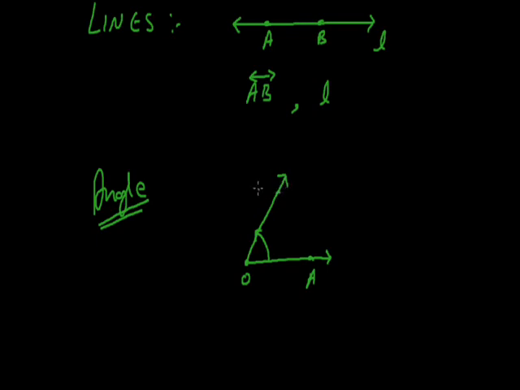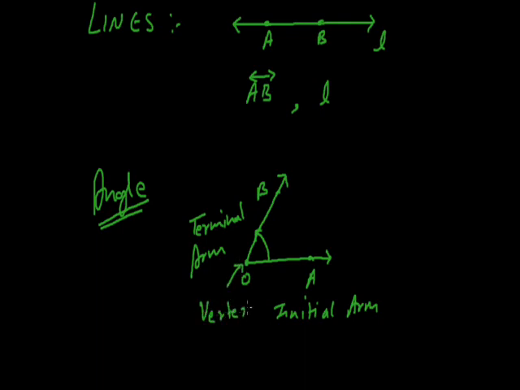This final position of the ray is known as the terminal arm, and the initial position of the ray is called the initial arm, and the point where the initial and terminal arms meet is called the vertex of the angle.